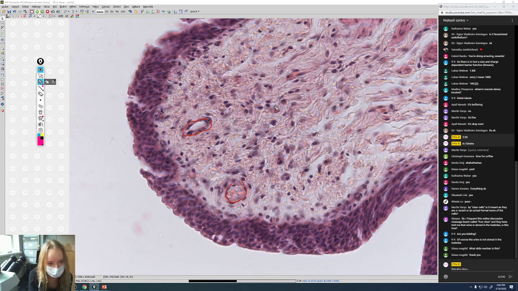These are the collagen fibers right here. We can see longitudinal sections of collagen fibers, cross sections of collagen fibers. So, just normal mucosa.